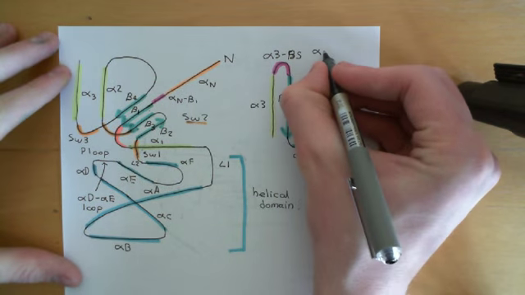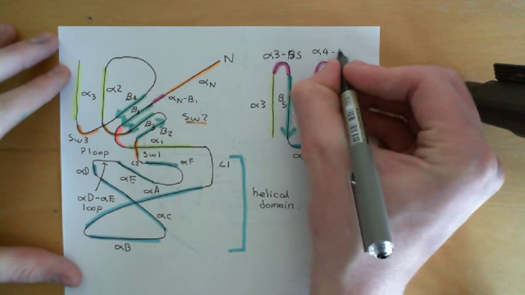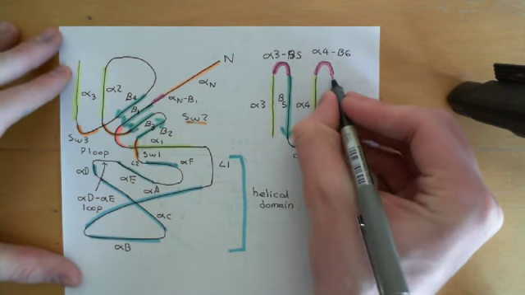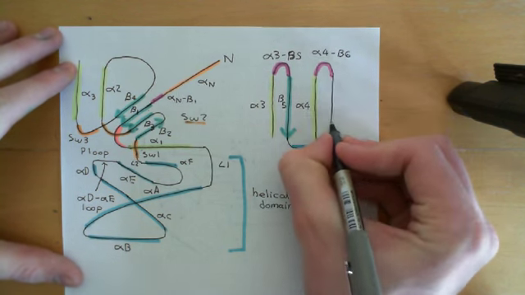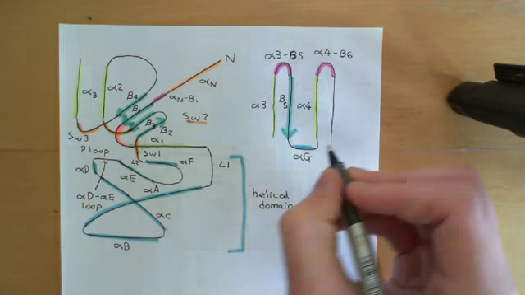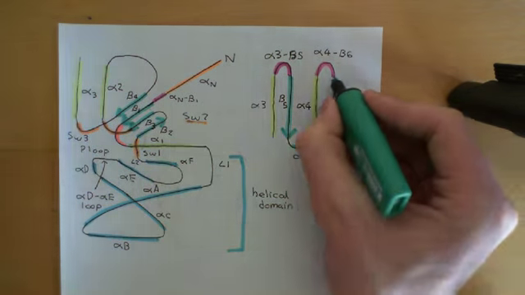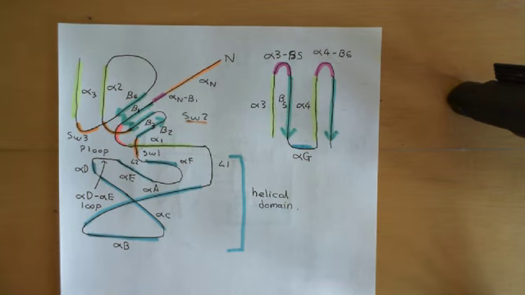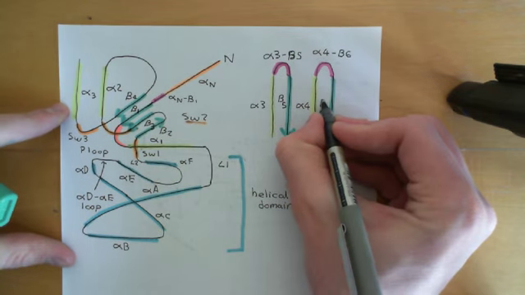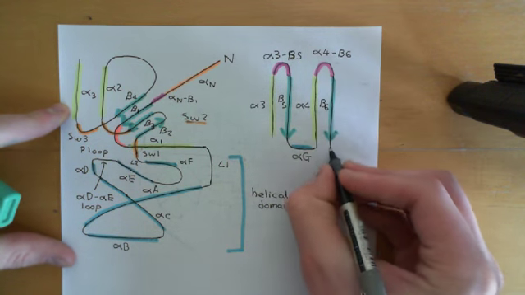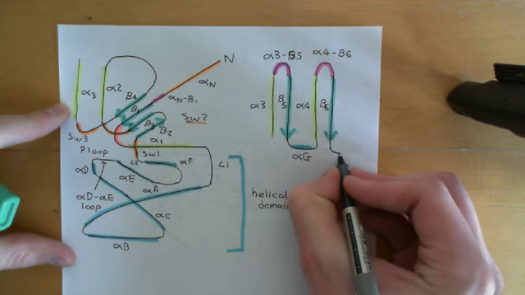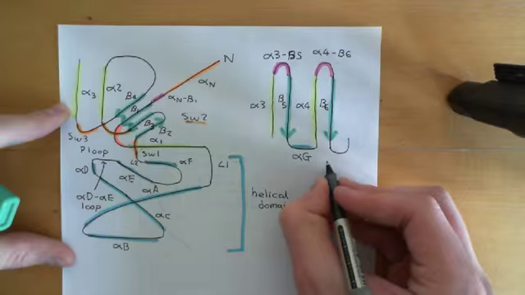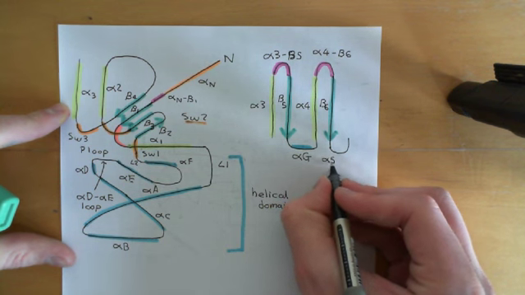Okay, so this is called alpha 4 beta 6. Okay, then it comes back down like so, with obviously the beta 6 beta strand here. Okay, so here's another beta strand like so. This is beta 6.